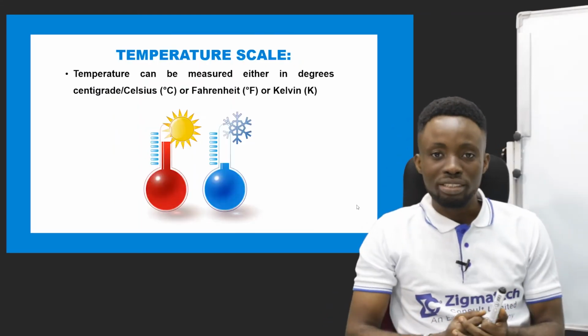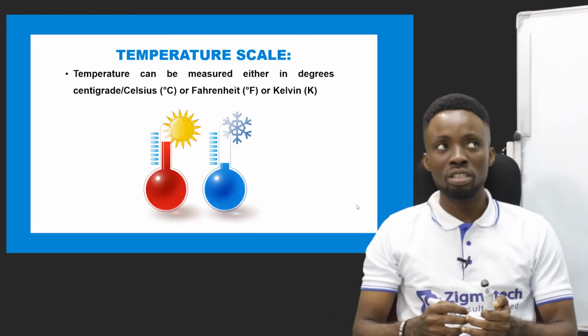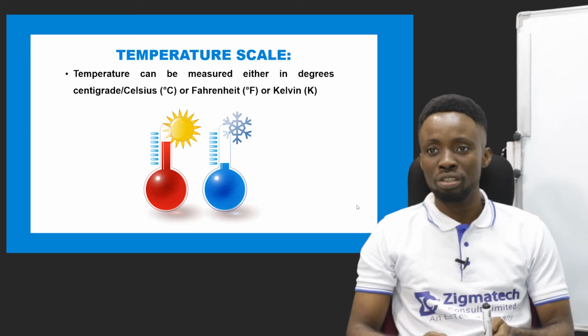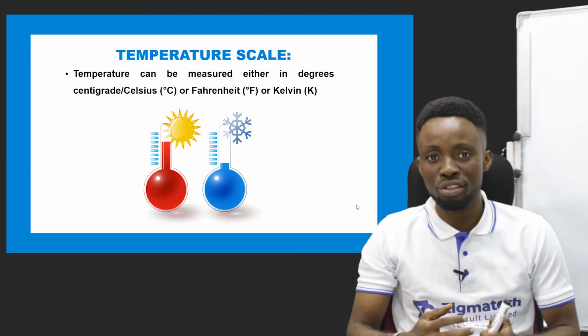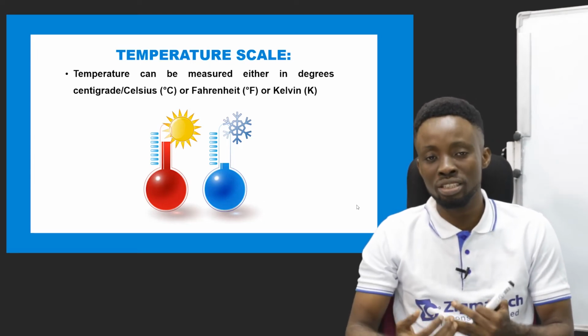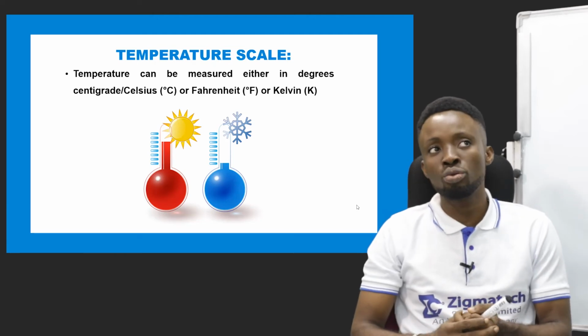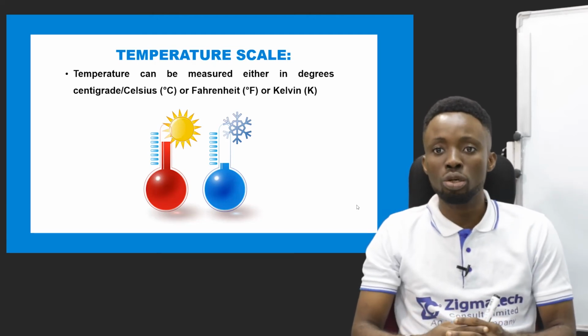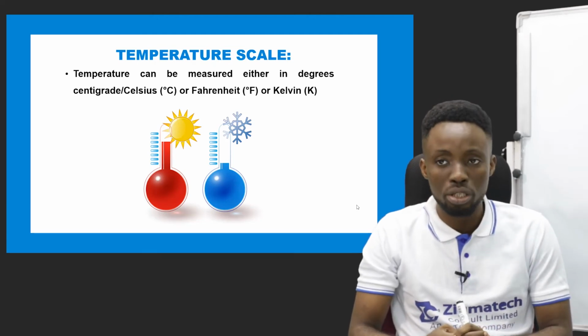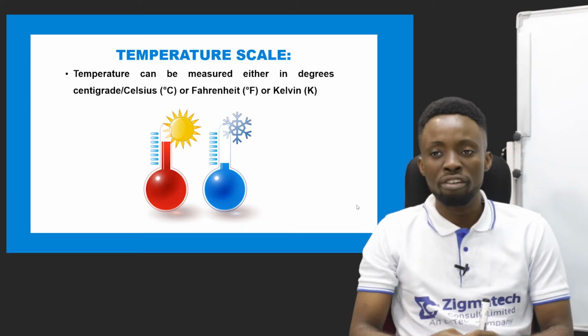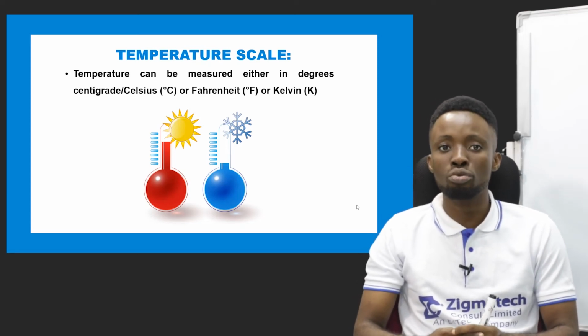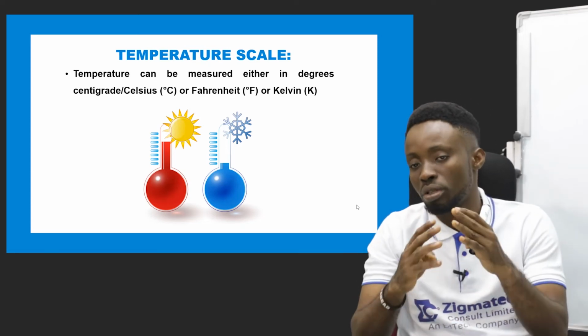So let's look at temperature scales. Now we actually measure the temperature using different scales, and the scales that we use predominantly include the Celsius or centigrade scale. We also make use of the Fahrenheit scale, and the Kelvin scale.